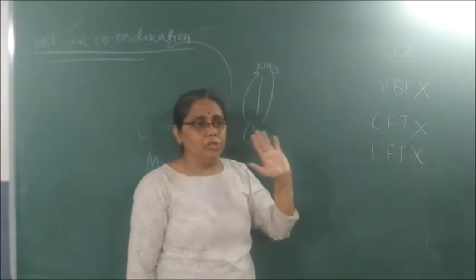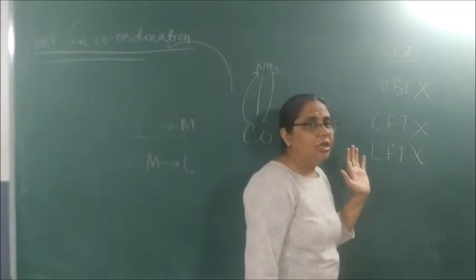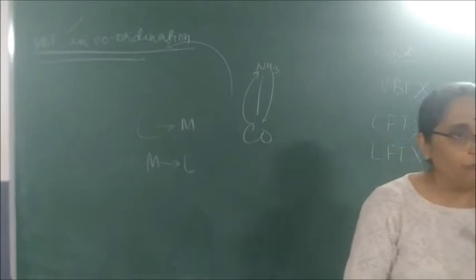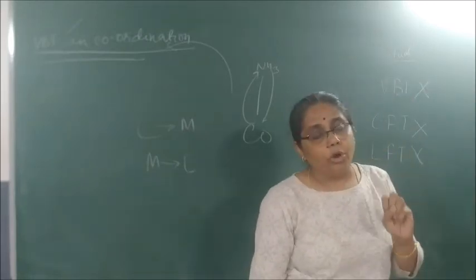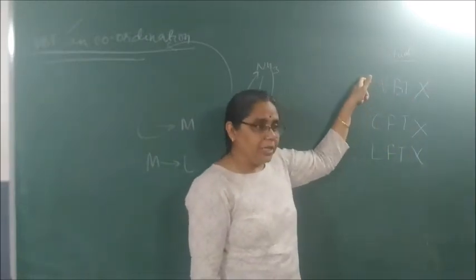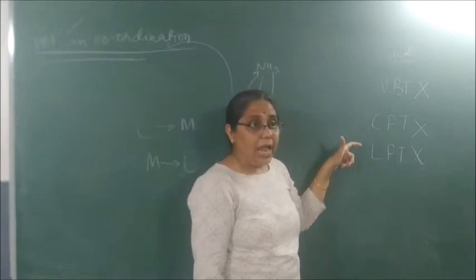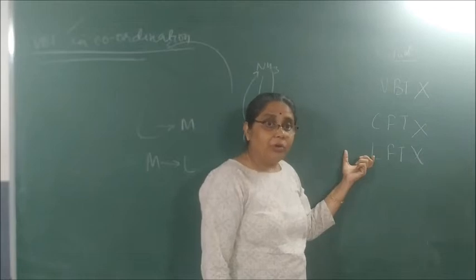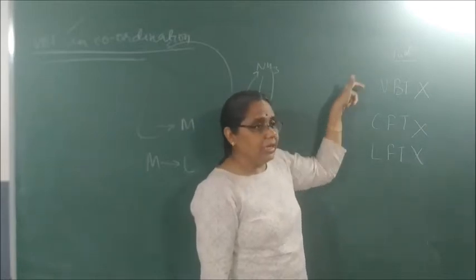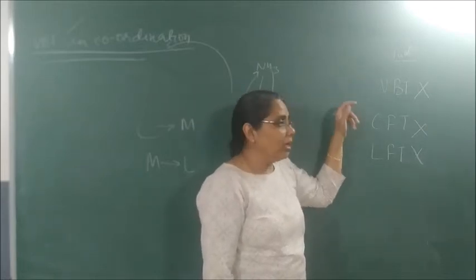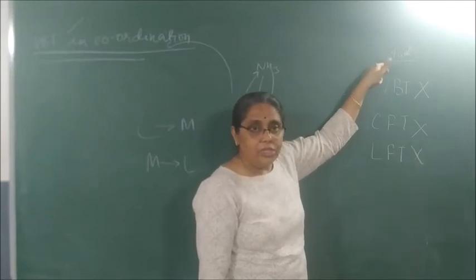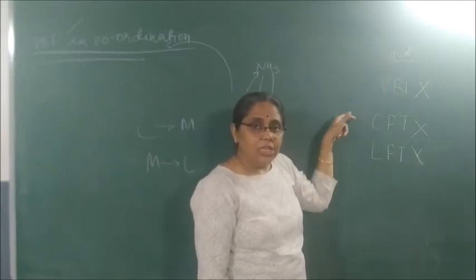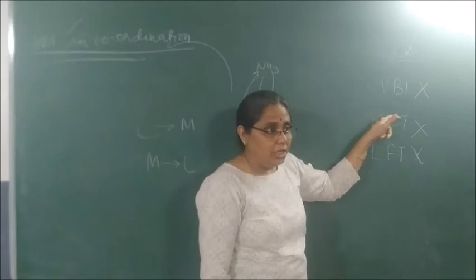So the three most important theories related to the explanation of complex formation or coordination compounds are VBT, CFT and LFT. What we follow now is LFT, but what we will study is VBT and CFT. What is VBT? Valence bond theory. What is CFT? Crystal field theory.